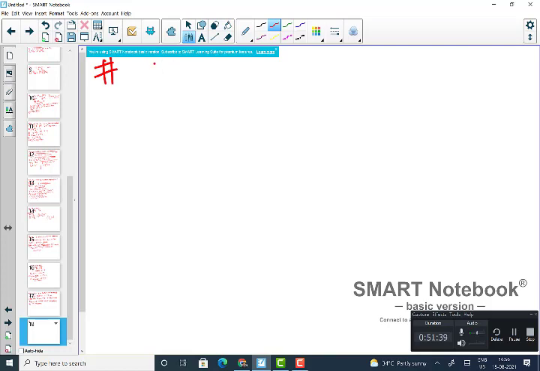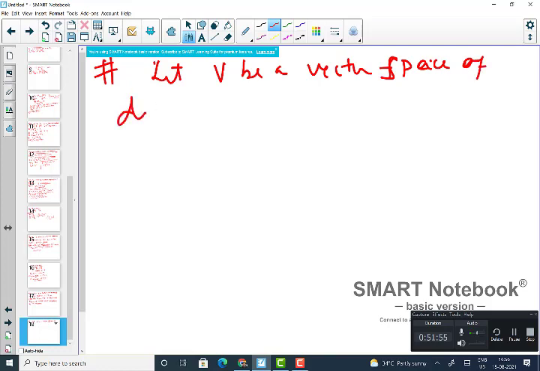Let V be a vector space of dimension n over the field F. Then V is actually isomorphic to F^n.